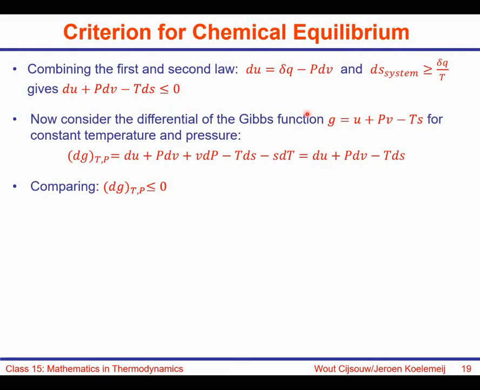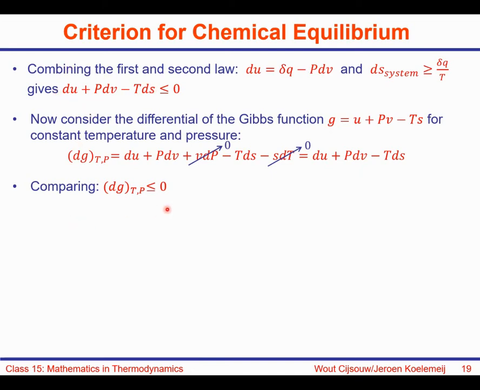Let's take a look at the Gibbs function, which is the enthalpy, U plus P times V, minus Ts. And this is, of course, evaluated for constant temperature and pressure. And then, you may take some time to read through this, but you find that the total differential of the Gibbs energy is equal to this expression here, which is exactly equal to this one.